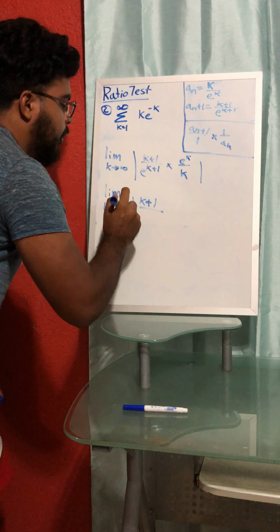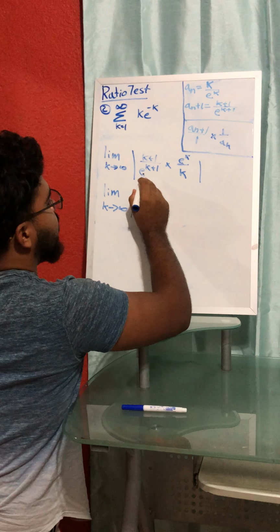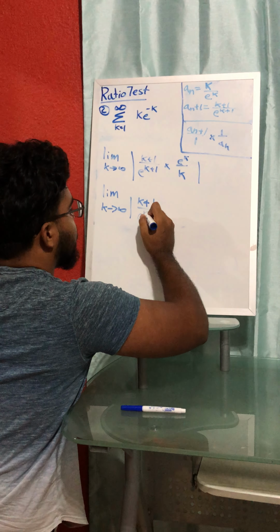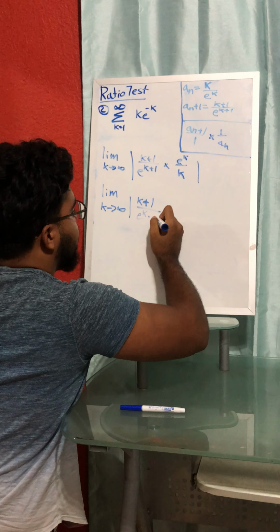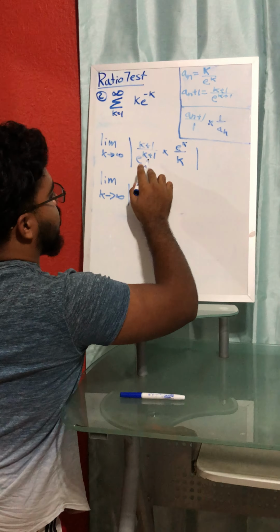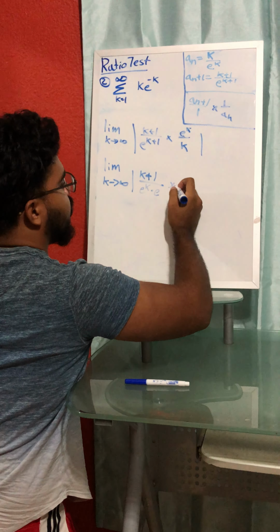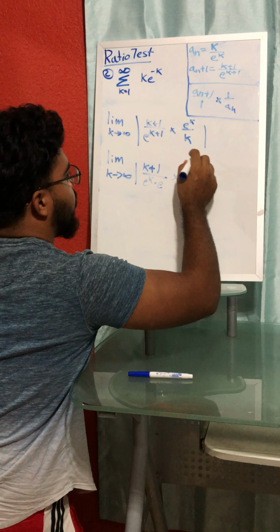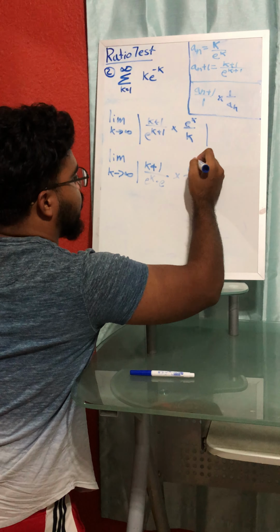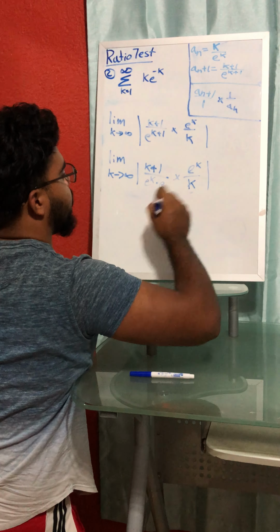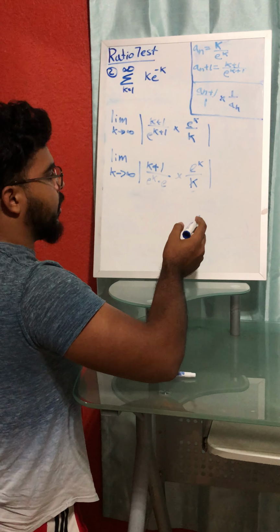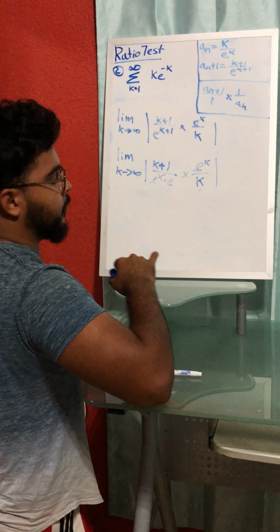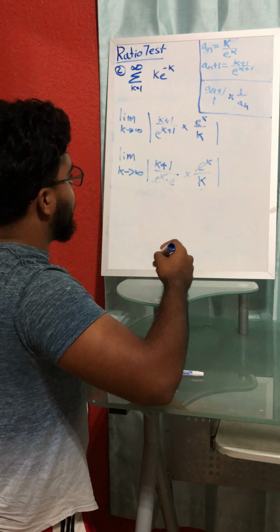And in the denominator now, I will be writing e raised to the power of k plus 1 as e to the power of k times e, because that's due to the law of exponents. And then I will leave this the same way as it is up there. And now we can clearly see that we can start canceling out, right? So we cancel this out, we cancel that out.